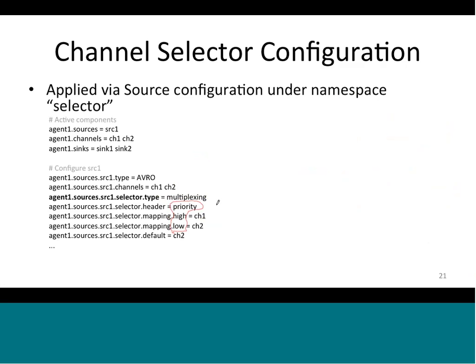If an appropriate value is not assigned, where will all the events go? Into the default channel, right? At least in this one. Yeah, so they'll go into the default channel.